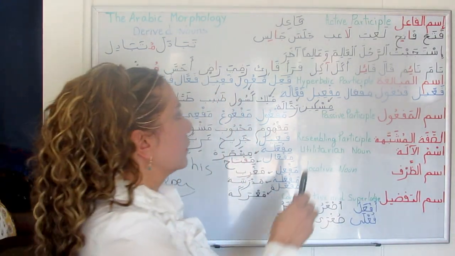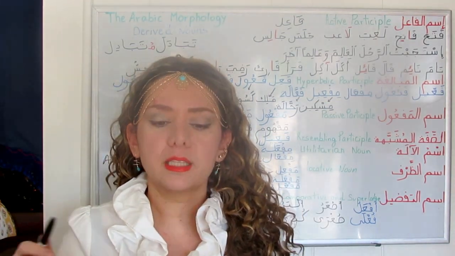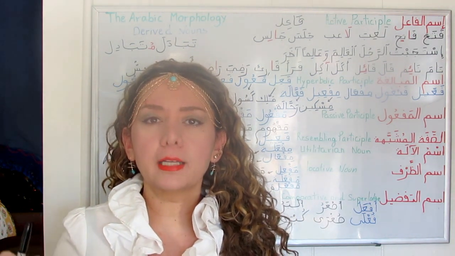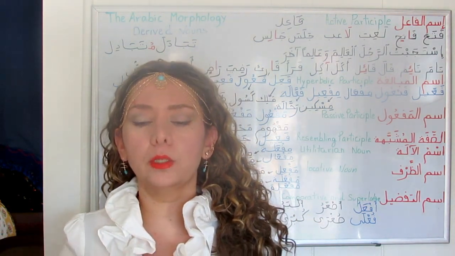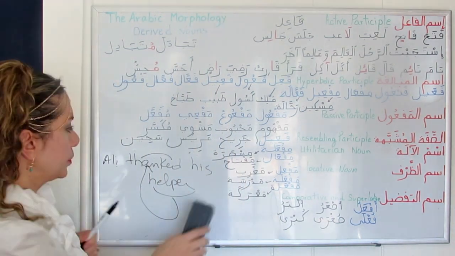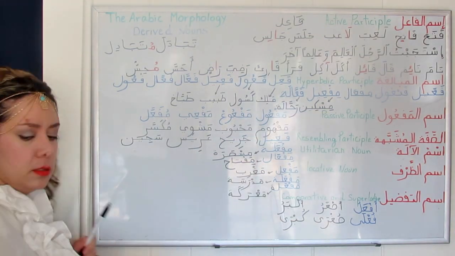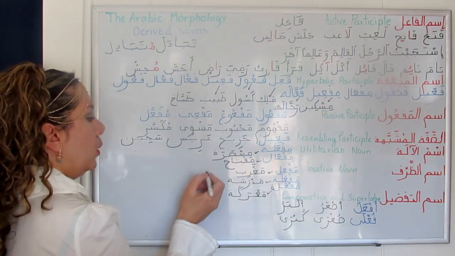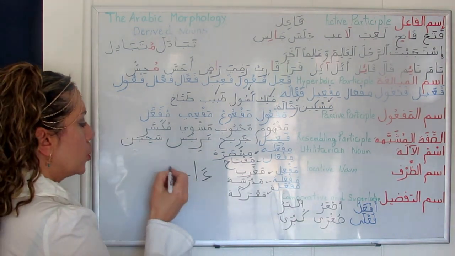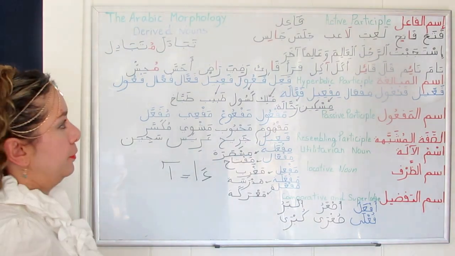Teller. Here, another kind of verbs that begin with hamza have their active participle starting with the elongated alif. As I explained in one of the previous lessons, when you have hamza with fatha and long vowel alif, it turns to alif madda, the elongated alif.